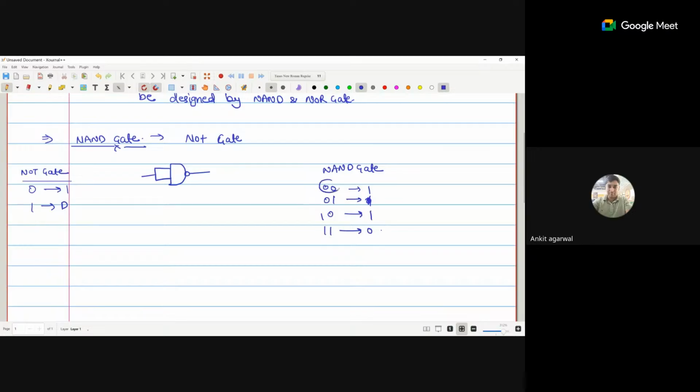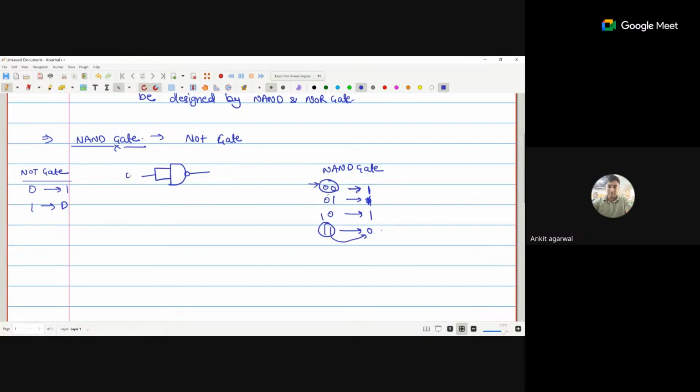So if we combine both inputs, basically connect them as a single input, either 0 0 we get 1, and 1 1 we get 0.